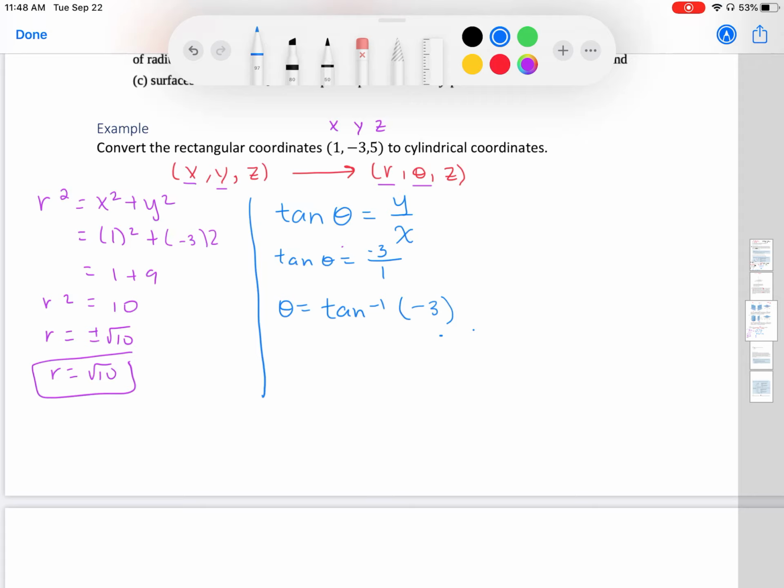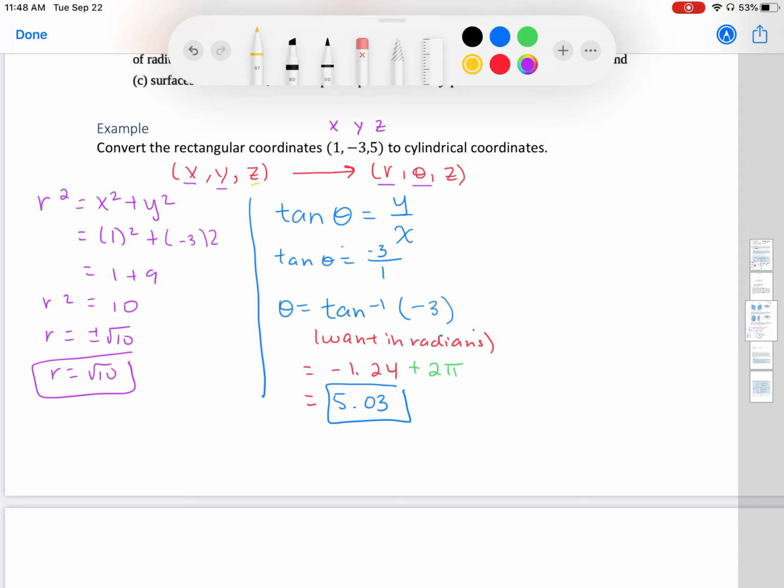We want it in radians, so make sure your calculator is in radians, not degrees. When we punch this into our calculator, we get -1.24. But we want it between 0 and 2 pi, so we add 2 pi. Then we get our desired result, which is 5.03, and that is our radian.